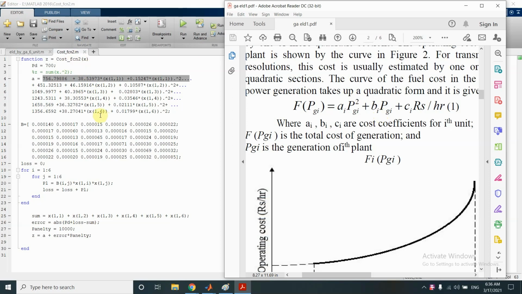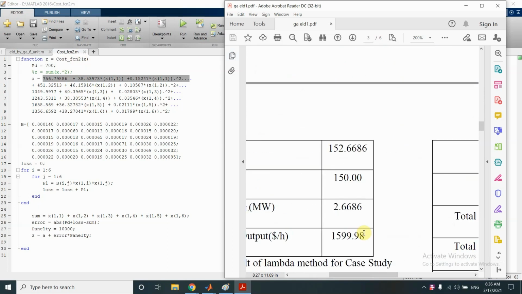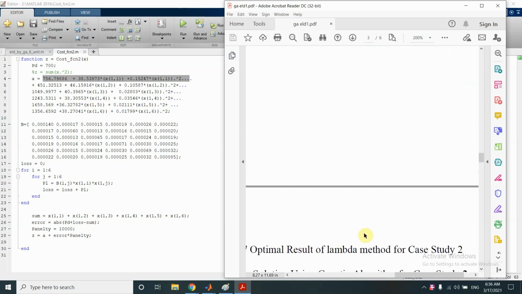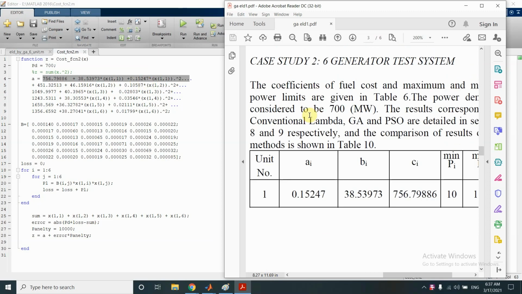So for the first unit, ai is 0.15247, and we are multiplying ai with the square of the generation of the first unit.